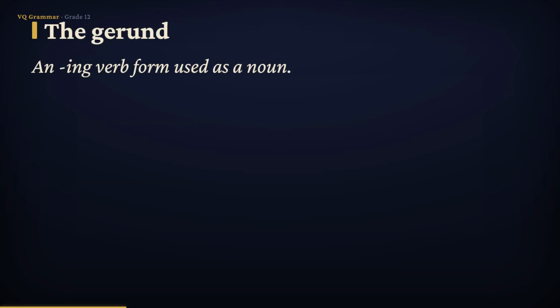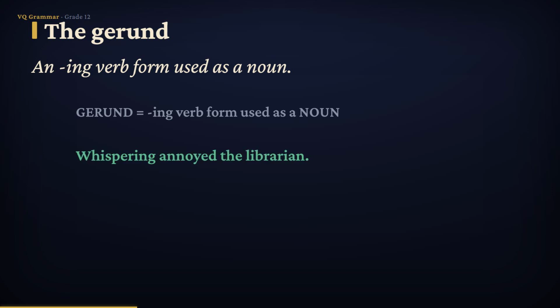Now the gerund. A gerund is an ing verb form used as a noun. So instead of describing something, it names something. Look at "whispering annoyed the librarian." The word whispering isn't describing anyone. It is the thing that did the annoying. It's the subject, a noun.